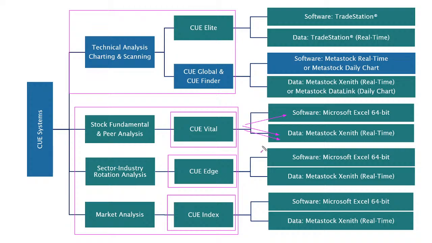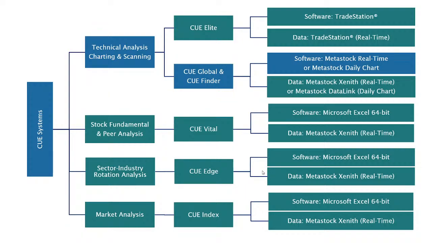Earlier it used to be called Thomson Reuters, and that is the same architecture for all the three systems: Vital, Edge, and Index. They all use extremely high quality, reliable Refinitiv or Zenith data, and they can be operated in 100% real time.